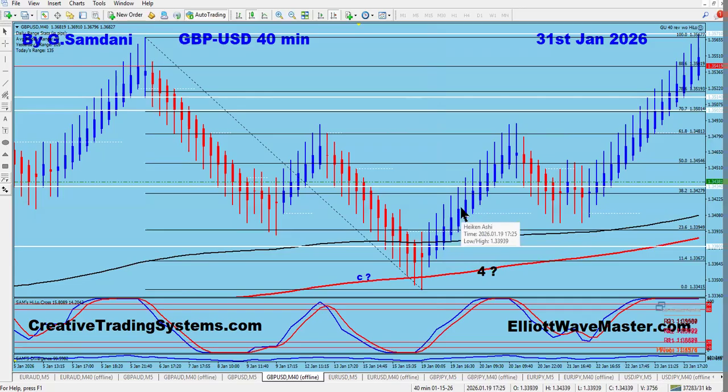These blue candles are now printing every 7, 8 pips. But the reversal candle comes when the price goes up or down from the high or the low almost 50 pips in the reverse direction. So from here, it goes all the way here and closes. That's 50 pips to the upside.